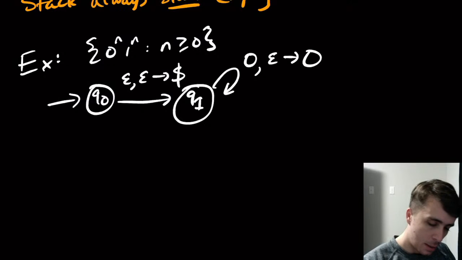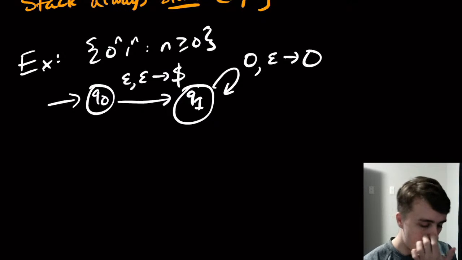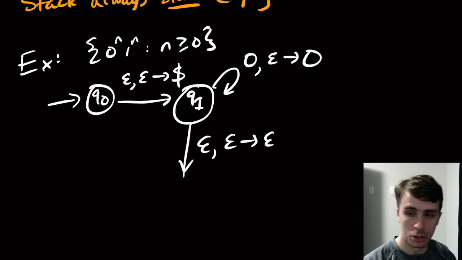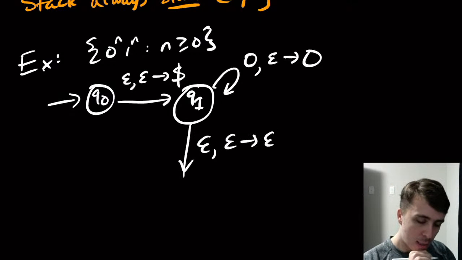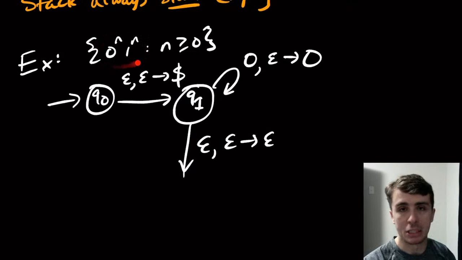Okay, so if the stack does not have to be empty, more zeros than ones would have to be accepted without a sentinel. I'm not sure what that means. Maybe you can clarify. So what I'm actually going to do here is something I'm going to call a triple epsilon transition. The reason for this is we need to accept the empty string at some point.